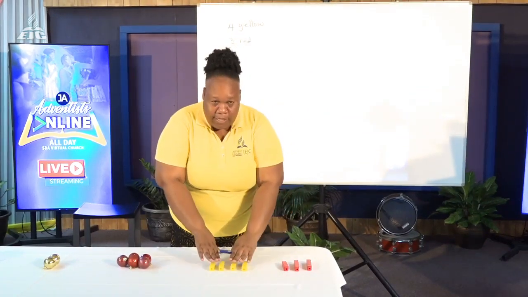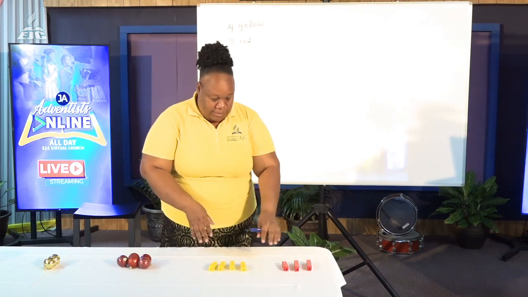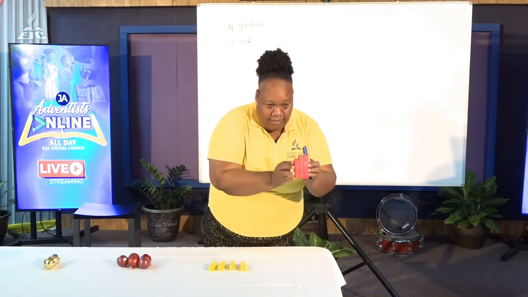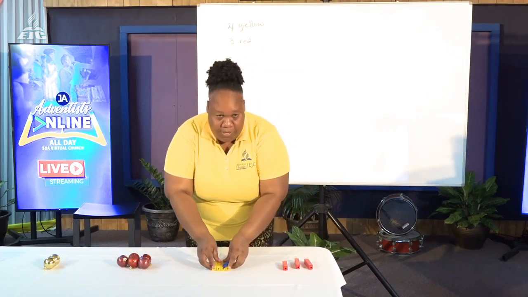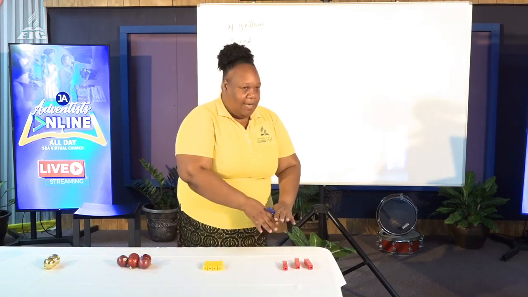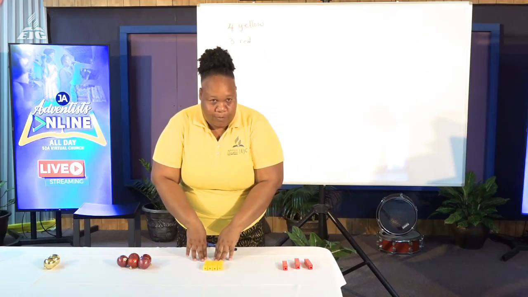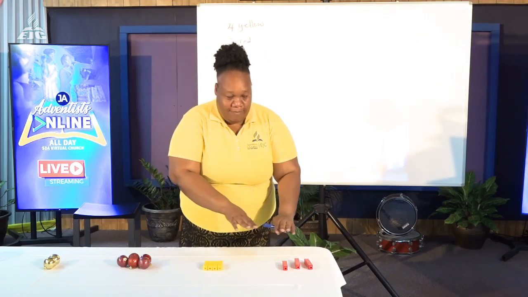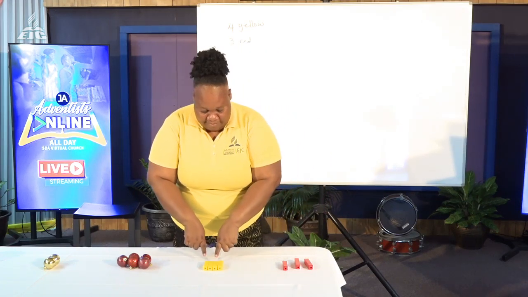In terms of how many red, how many yellow. So for every 3 red blocks, you would give me 4 yellow blocks. So that would be a 3 to 4. Hope you are getting me.